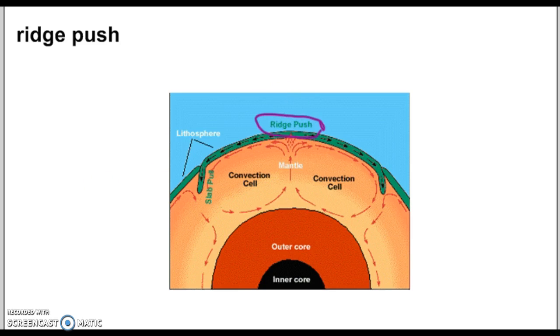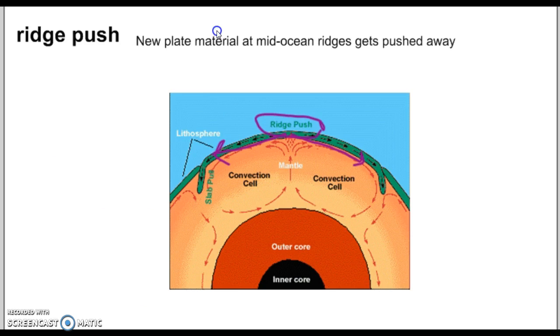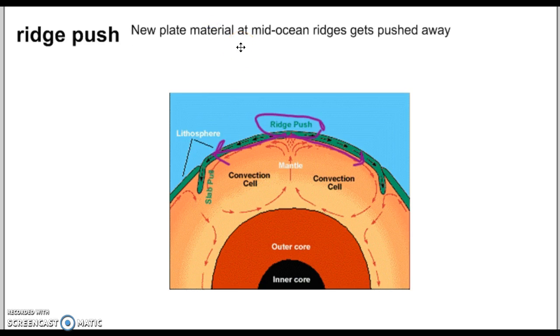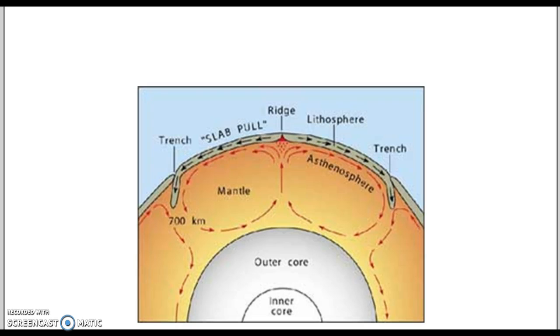And when something's higher, gravity can help it go downward away from the ridge. So the plates are being pushed away from the mid-ocean ridge. The new plate material at the mid-ocean ridges gets pushed away, and that force helps the plates to move. Ridge push.